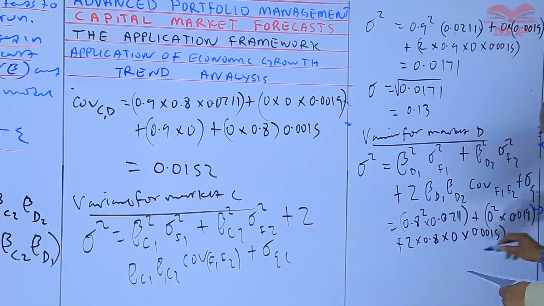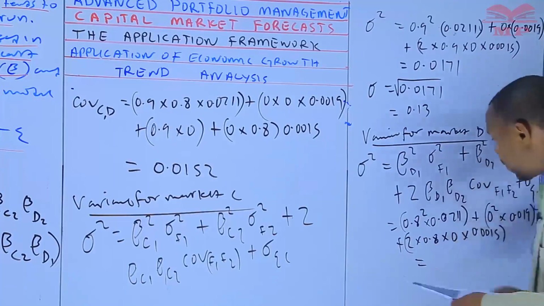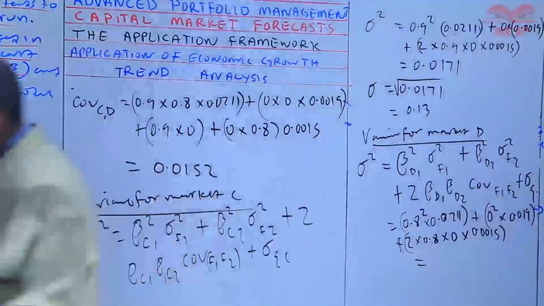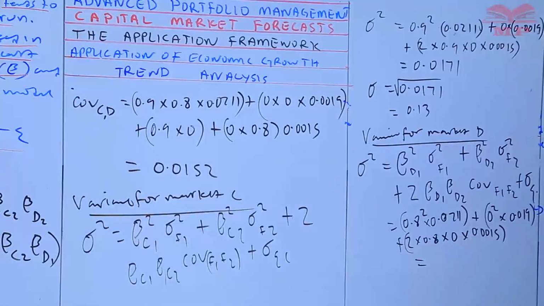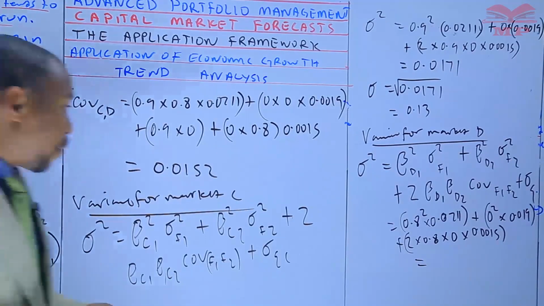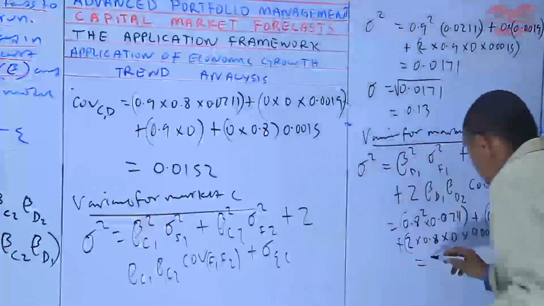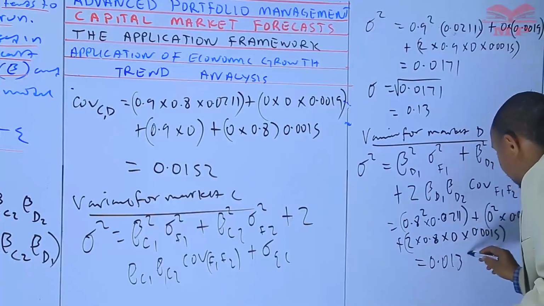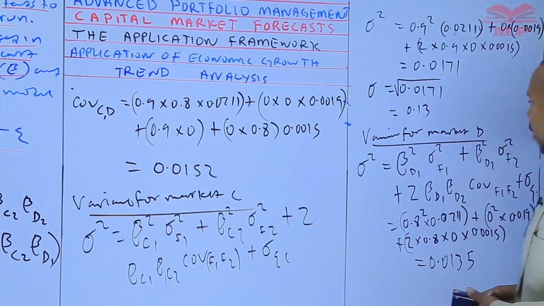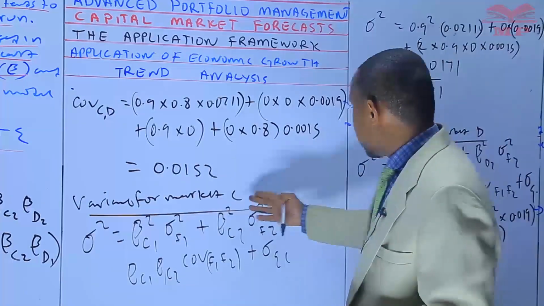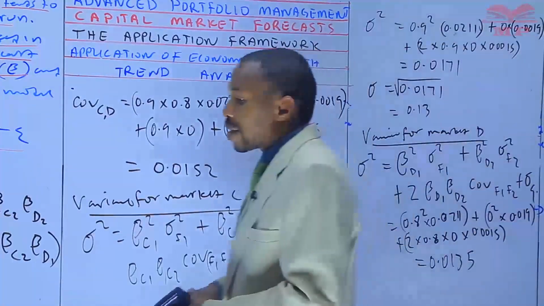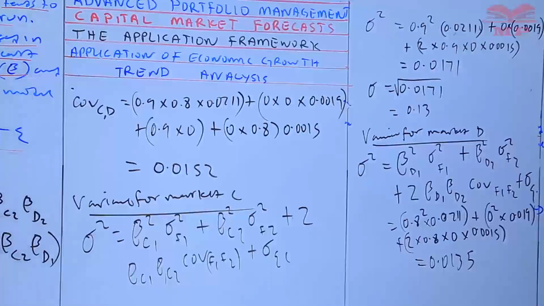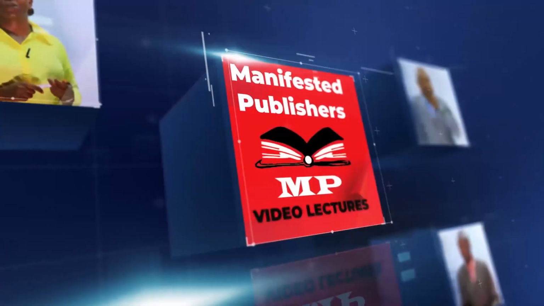So how much do we get for this value? Very quickly, working it out, I'm getting 0.0135. Having computed the variance for market C and the variance for market D, we are saying that the variance for the markets will tend to be higher.